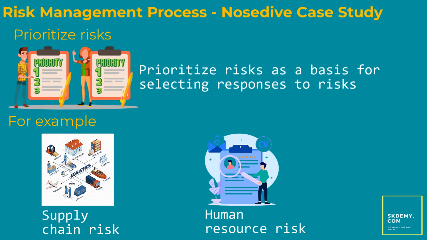But Nosedive decides to prioritize HR risk above the supply chain risk due to other factors such as employee dissatisfaction or a threat of a strike. And risk appetite also plays an important role in risk prioritization. For example, the board of Nosedive is very concerned about the negative publicity of a strike. Hence, it instructs management to prioritize avoiding an employee strike as compared to a supply chain disruption.